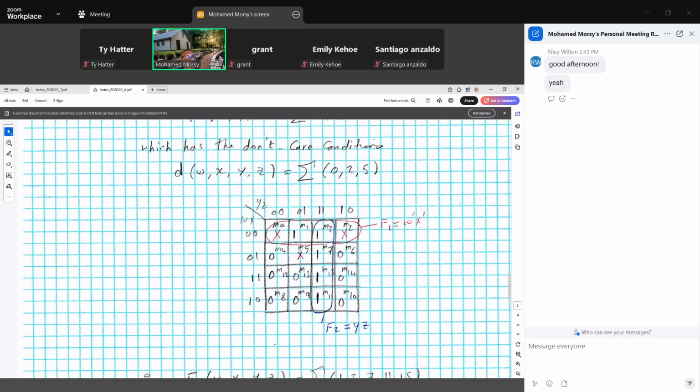Our main objective when we solve for the output function, f or y, whatever you call it, is to minimize this expression, because this means we use the minimum number of gates in the design, and this saves a lot of things, money-wise, time-wise, many things.